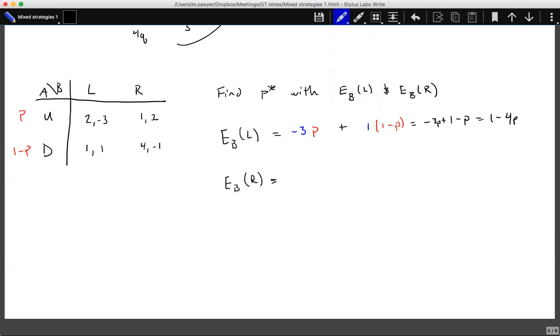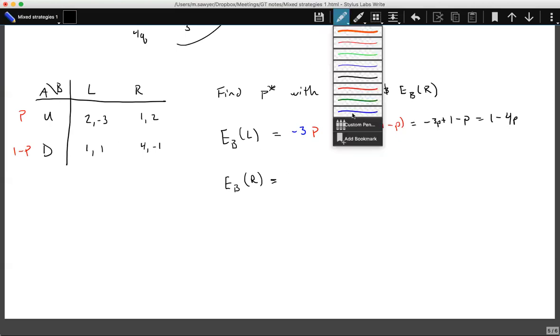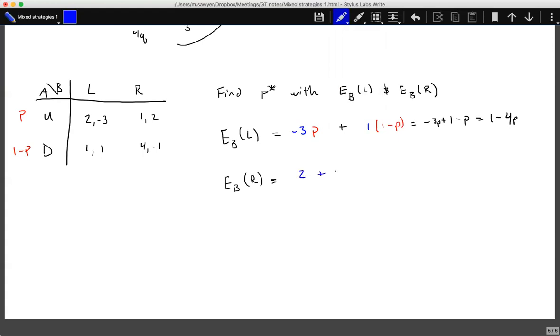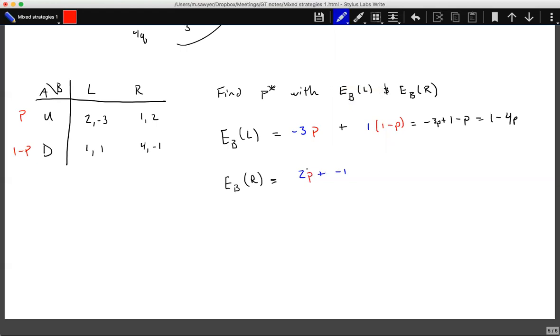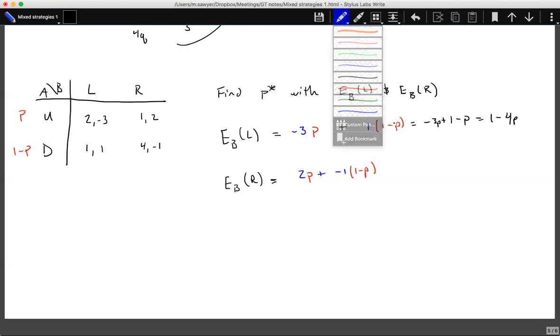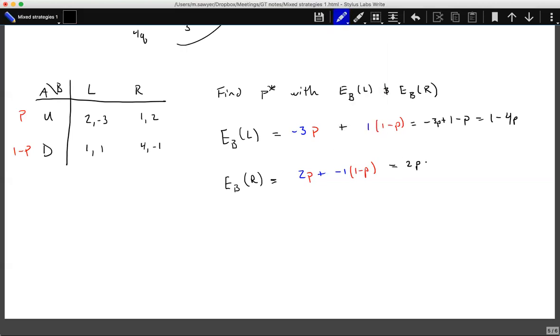For right, they get 2 times P plus -1 times 1 minus P, which equals 2P minus 1 plus P. So they get 3P minus 1.